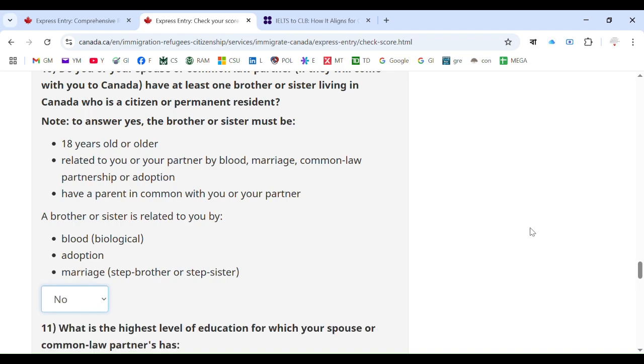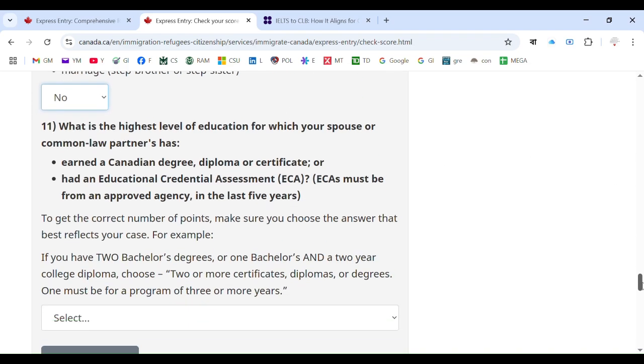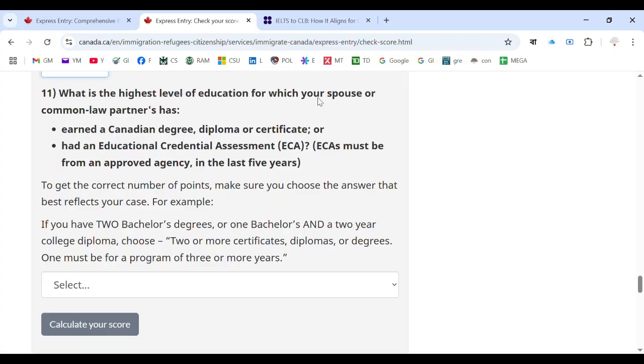And then, what is the highest level of education for which your spouse or common law partner has earned a Canadian degree, or a foreign degree that has been assessed to Canadian standard? What is the highest level? So if your spouse is also educated, like a master's degree, then master's.